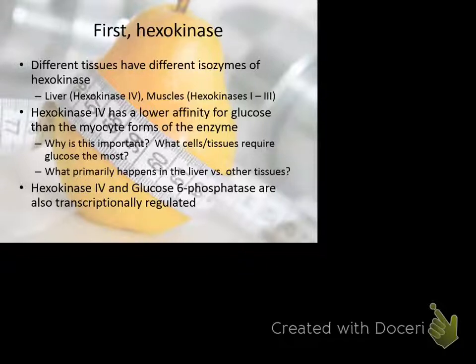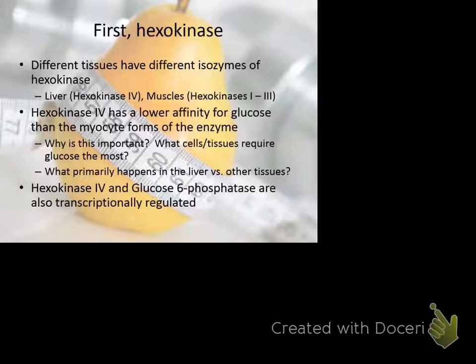It's not so much that it gets it first, as in what we'll talk about in a moment, it's the fact that it's really sensitive to the blood glucose level. So you have to have a much higher concentration of glucose in your blood before hexokinase 4 kicks in and starts doing glycolysis for the liver. Because if you're below that concentration, it says, okay, I'm anthropomorphizing, which one of my professors hated when I did that.